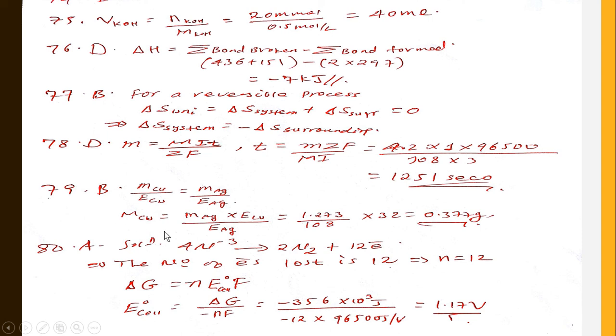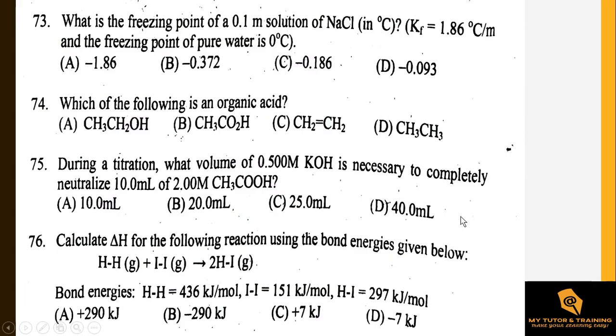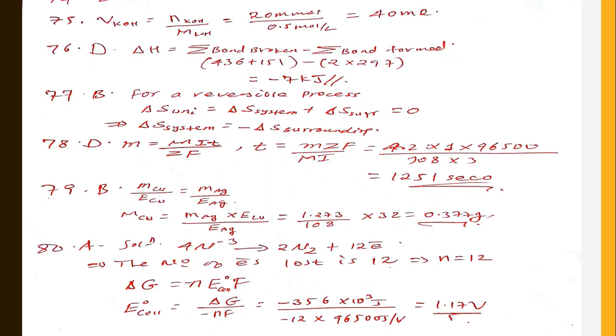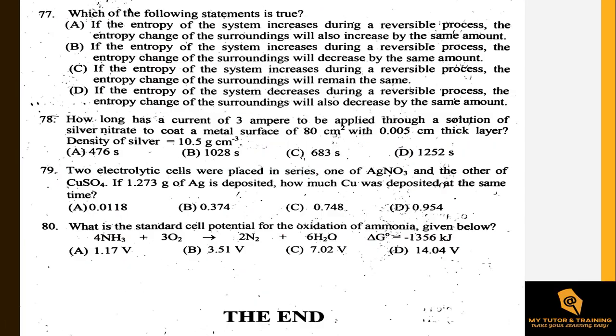Mass of copper is equal to mass of silver times equivalent mass of copper over equivalent mass of silver, 1.273 over 108 times 32, which is equal to 0.077. So the correct answer for this question is B.